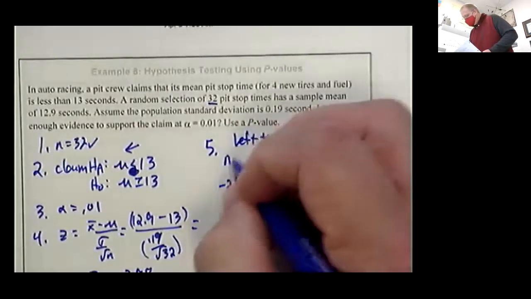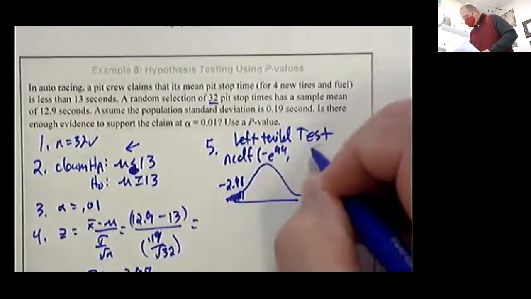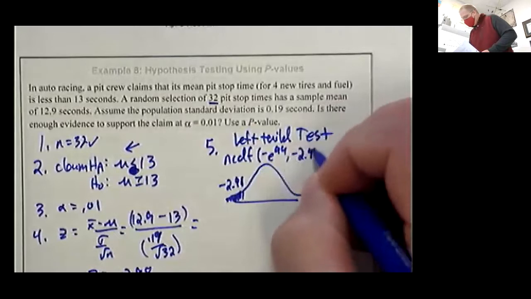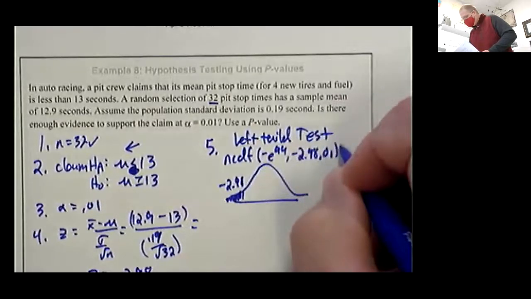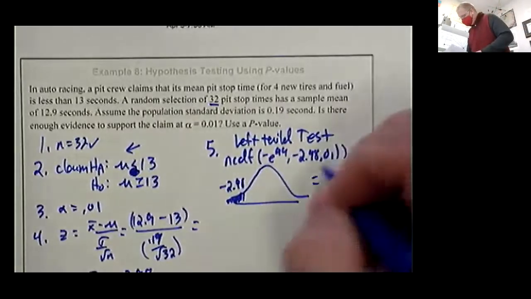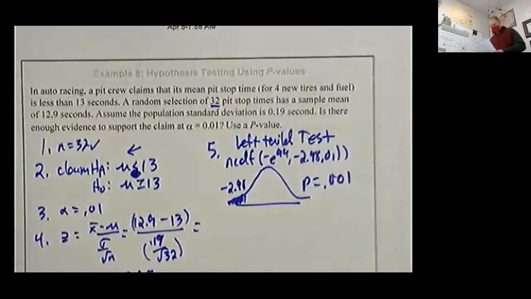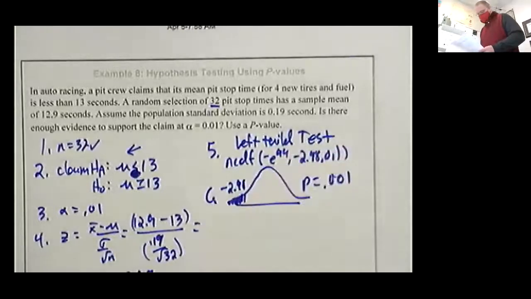So we're going to do normal cumulative distribution function, negative e to the 99 to negative 2.98, 0, and 1. And when we plug that in, we get a p-value that's 0.001. So a really small p-value. And I think that was also part of number 6 as well.